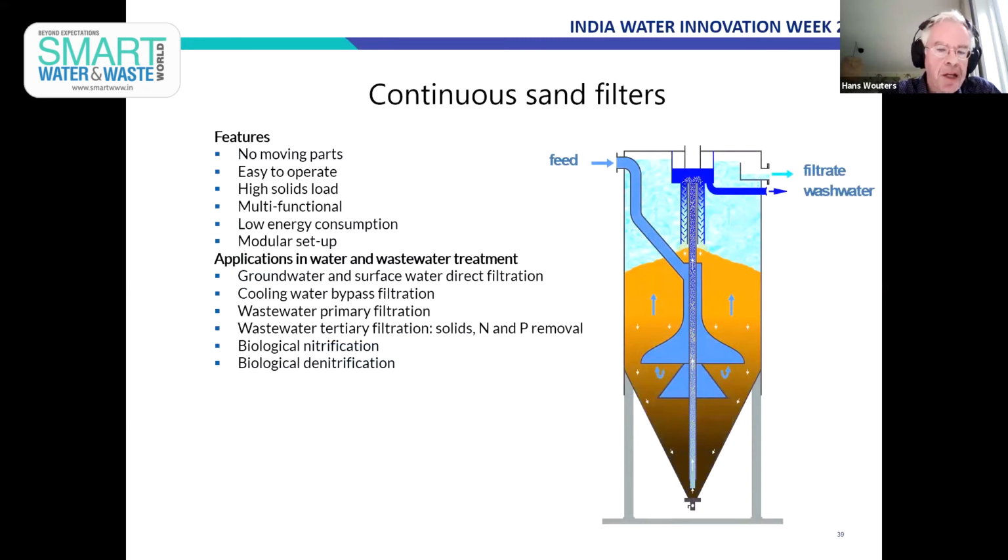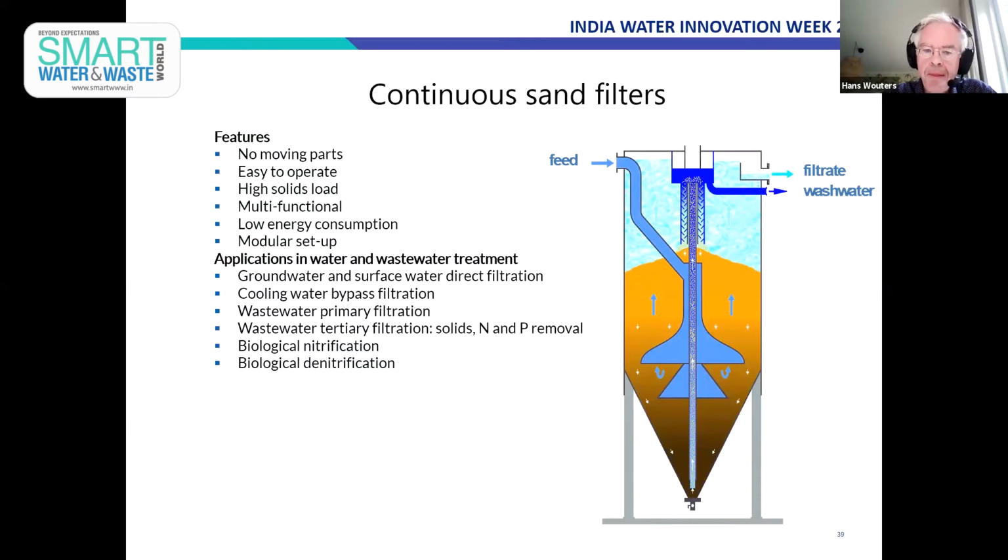The continuous sand filters are sand filters which are used for a variety of applications in groundwater treatment, in surface water direct filtration, cooling water, wastewater for primary filtration, and wastewater for all kinds of tertiary filtration applications like solid removal, nitrogen removal, phosphorus removal.